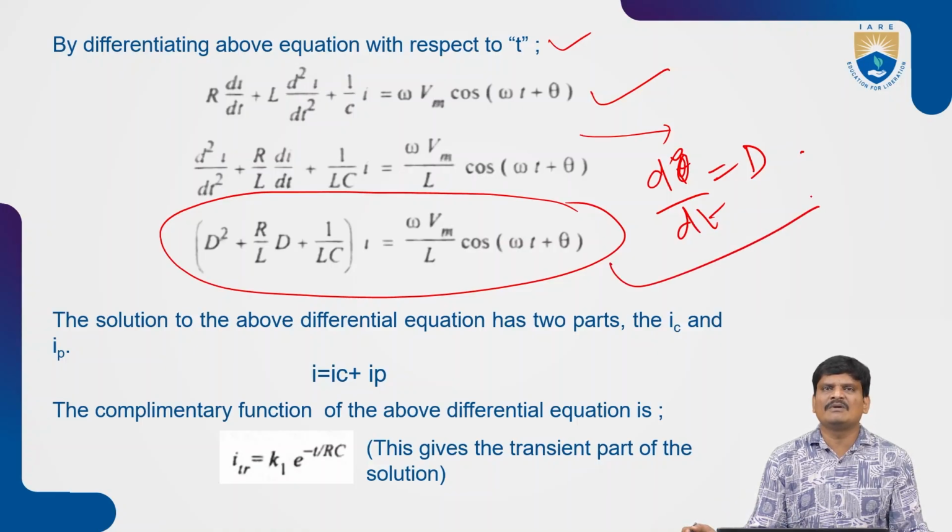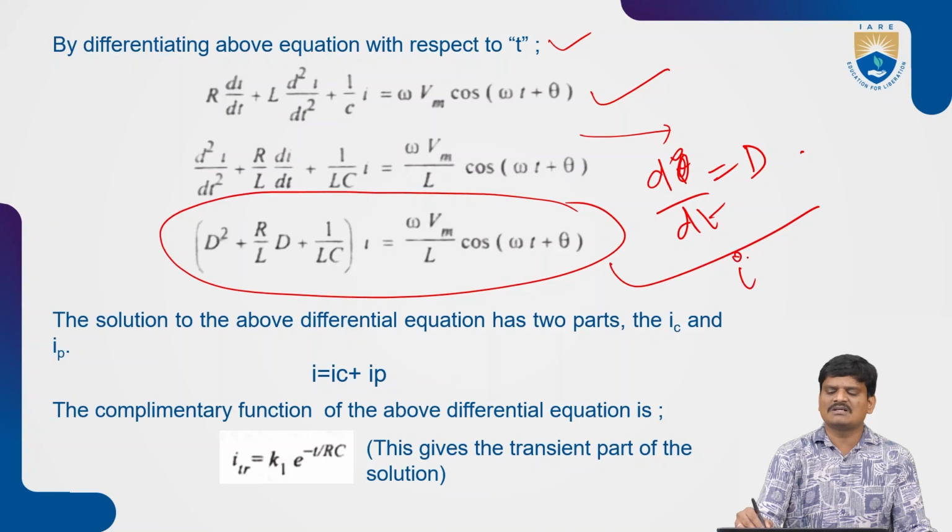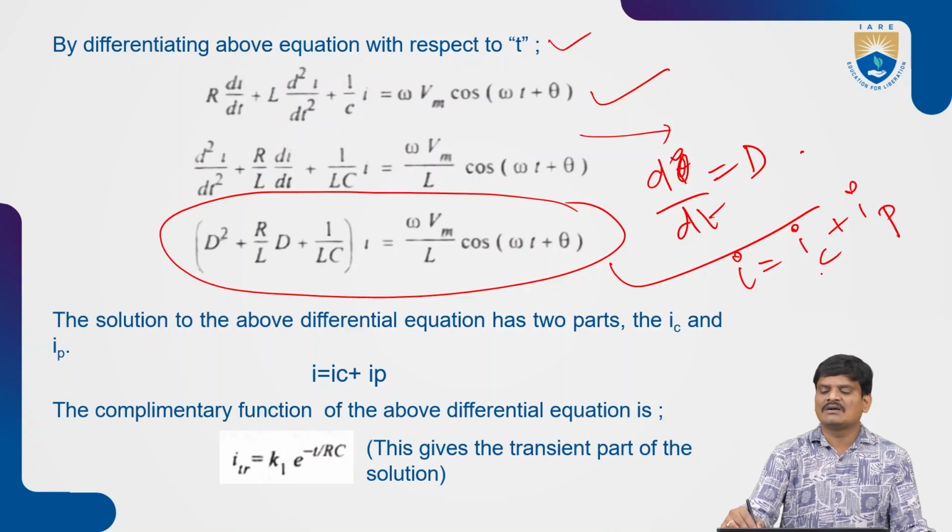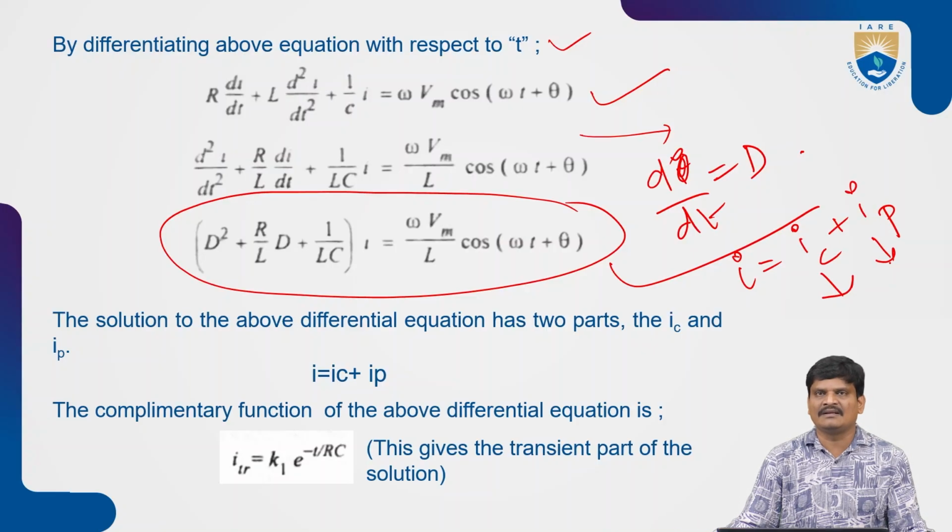But here my ultimate goal is not to calculate the expression of a particular current. Here I am trying to analyze the total response of a current, where the total or complete response for such circuits is divided into two parts. One is the complementary integral, and the other is the particular integral.